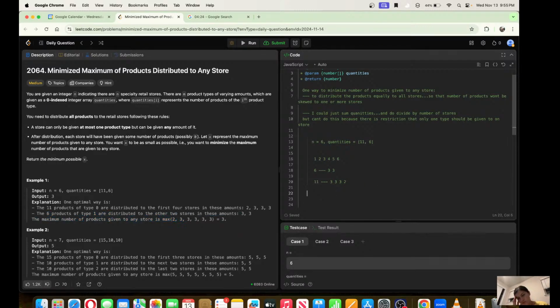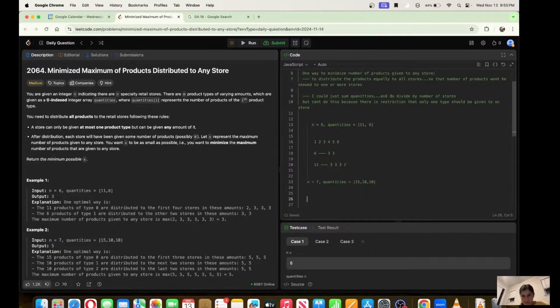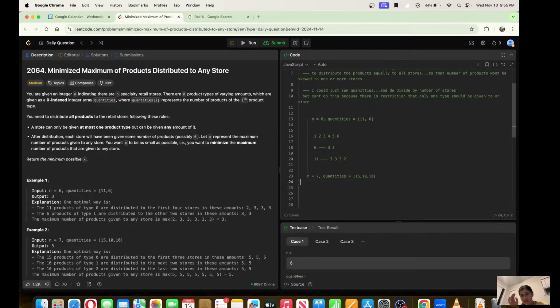Okay, let's look at this one. N is equal to 7 and quantities is 15, 10 and 10. So quantity is 15 10 10, and I will distribute it to 7 stores. I have 15 10 and 10, means 1 2 3.